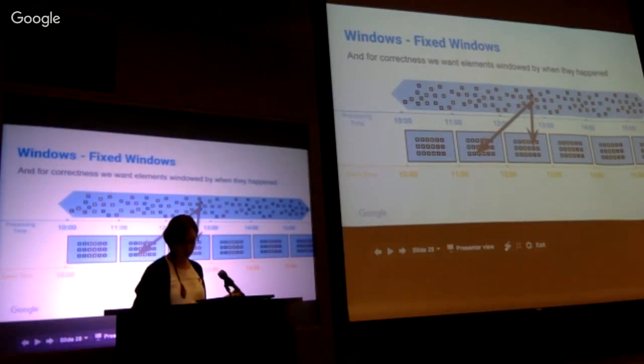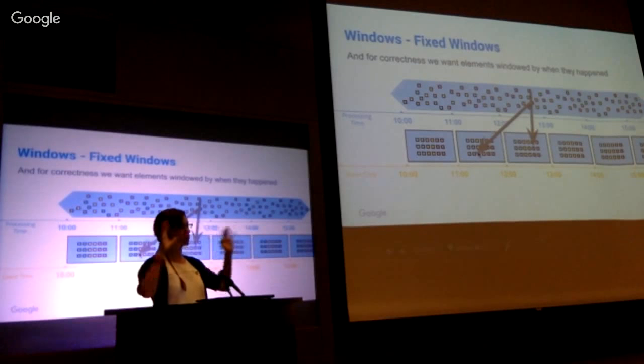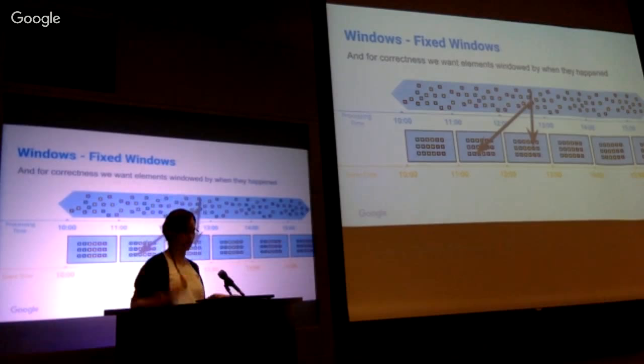And this one here happened between 12 and 1. So this one arrived in the same window. The processing time and event time overlapped, but this one was late because it came almost at 1 p.m. but it was from 11. Okay, so these are two concepts: event time and processing time.